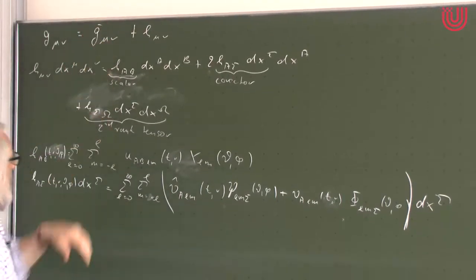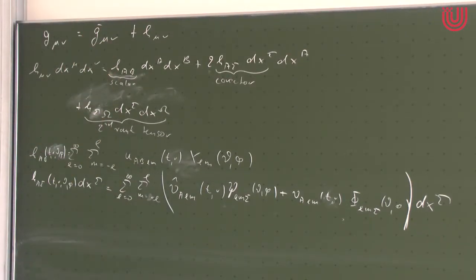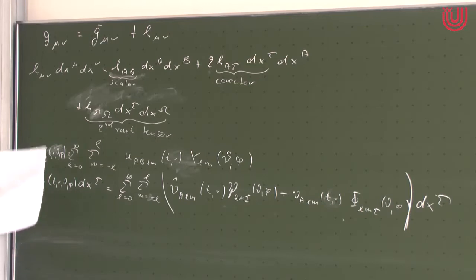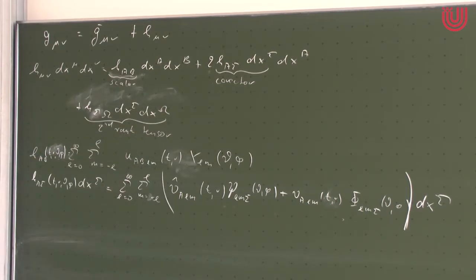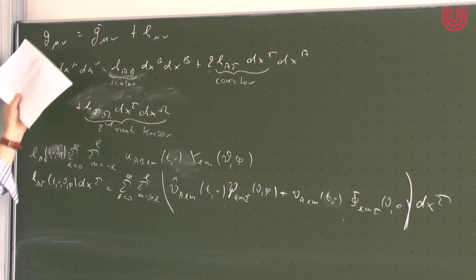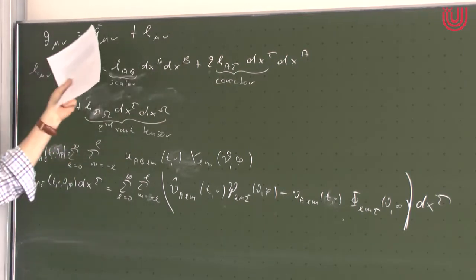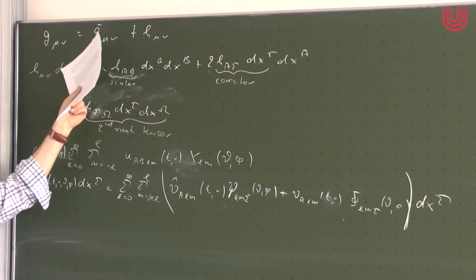May I ask a question? Sure. Why did you choose exactly these spherical harmonics as the functions under the derivative? Okay, you could choose any basis for scalar functions, covector functions, and tensor functions. Why is it convenient to choose the spherical harmonics? Because our differential operator satisfies a differential equation, the linearized Einstein equation.